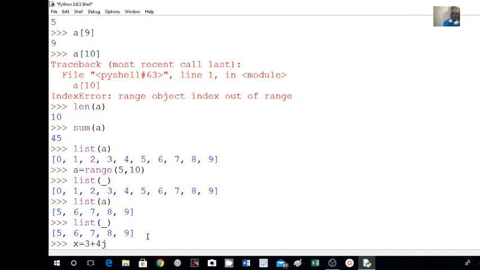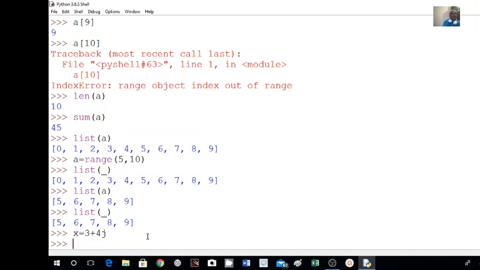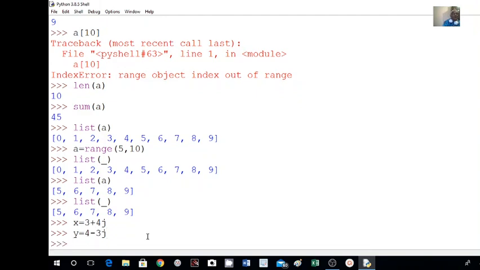I have to write J here, not I, so it is accepted. Y equal to 4 minus 3J. Okay, this is our Y.